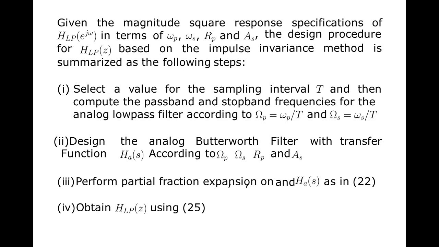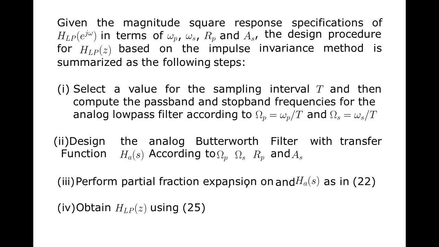And then compute the passband and stopband frequencies for the analog filter according to Omega_p equal to omega_p by T. Omega_p is the analog cutoff frequency, the passband frequency, and Omega_s is the stopband analog frequency, which is equal to omega_s by T.